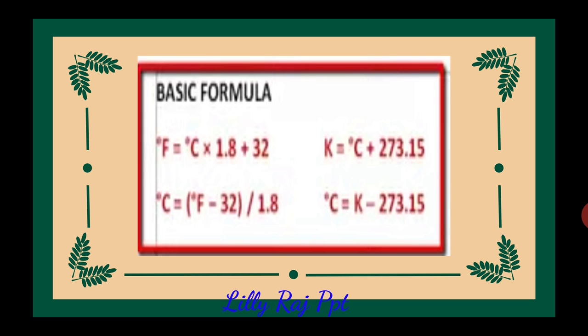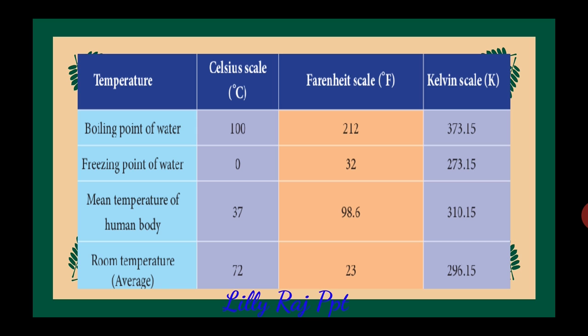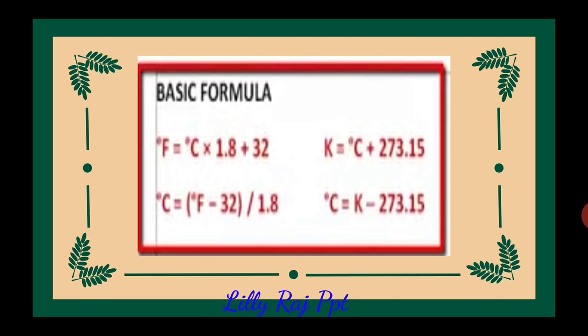Then if they give Fahrenheit and ask you to find the Celsius, for the conversion of Fahrenheit into Celsius you have to use this formula: degree Celsius is equal to Fahrenheit value minus 32 divided by 1.8.